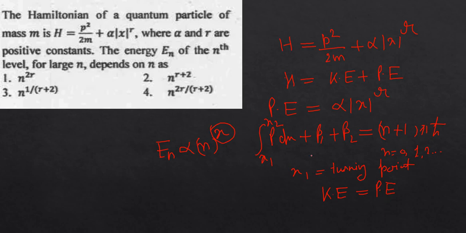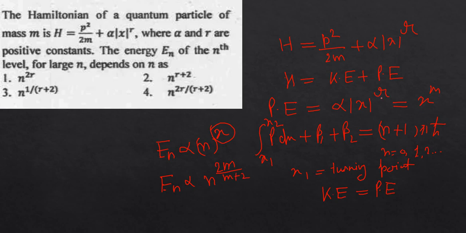Okay, but we will not go into that lengthy method. There is one formula. If in the question the potential is given to you in some x to the power r, so assume that this is x to the power m. Okay, if it is x to the power m, then En is proportional to n to the power 2m upon m plus 2.